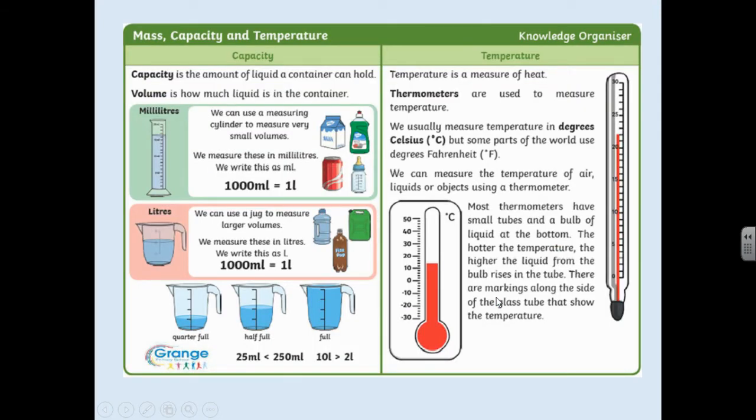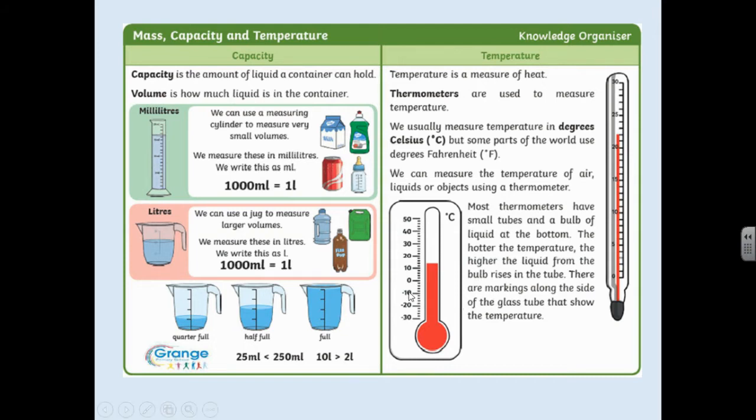Again, reminding about capacity and volume. Capacity is the amount of liquid a container can hold. So what is the maximum limit of the container or a bottle or a can? And the volume is how much liquid is inside the container.